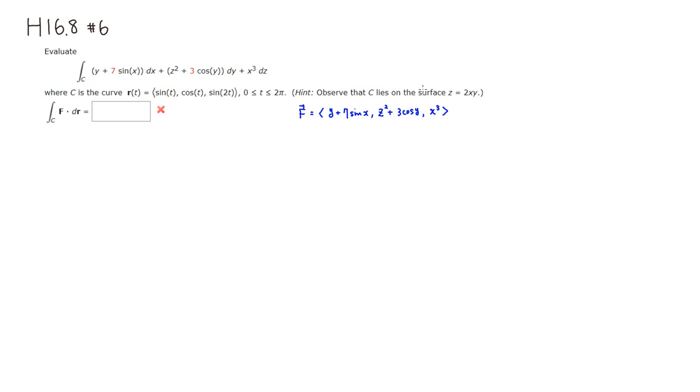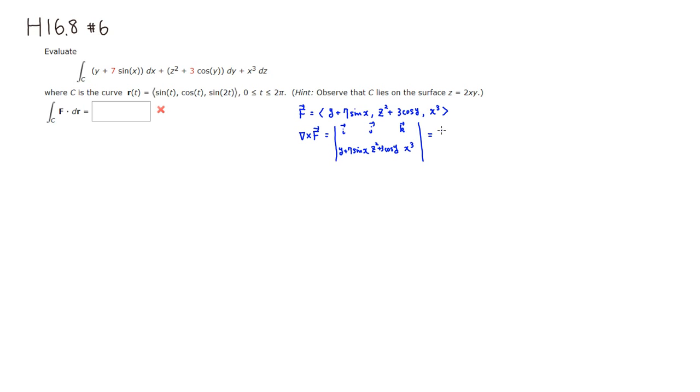Right? So let's go ahead and find the curl of this. The curl of that is going to be vector i, vector j, vector k, with y plus 7 sine of x, z squared plus 3 cosine of y, and x cubed.